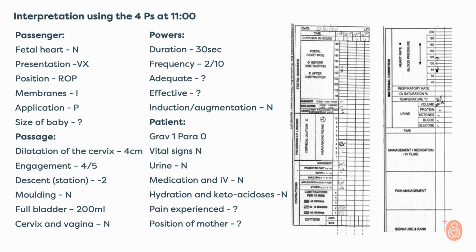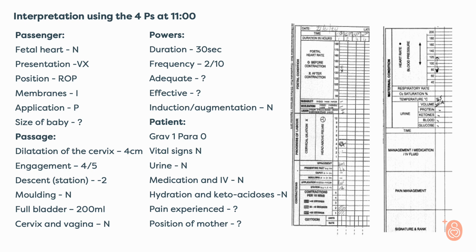Now, if we start looking at the fetal heart here at 11 o'clock. The fetal heart is not really part of the progress of labor, like the position and the presentation, etc., that determines how fast or how slow the fetus will go through the pelvis. But the fetal heart is very important for us in our determination of whether this patient can go further with her labor, whether it's prolonged or not.